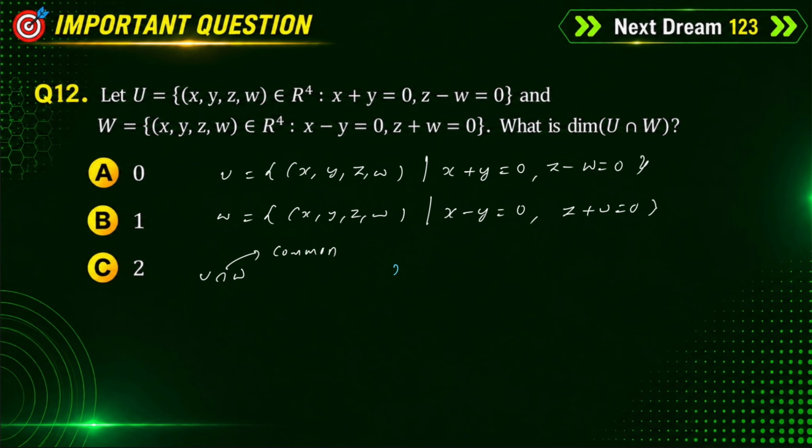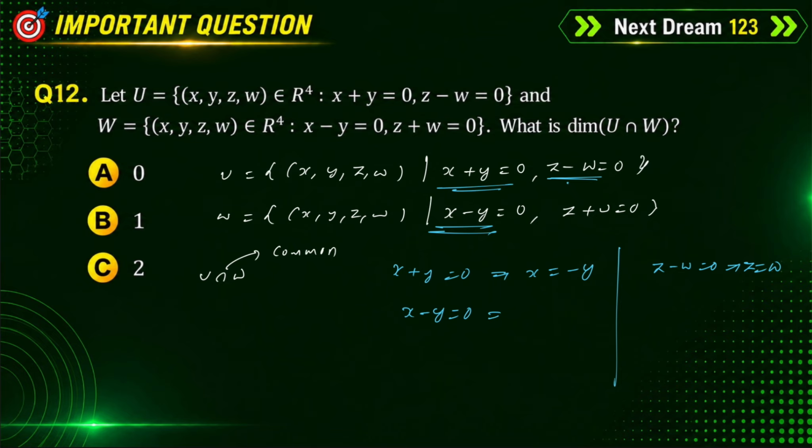What are the conditions given? x plus y is equal to 0. From this I will write x equal to minus y. From z minus w equal to 0, I get z is equal to w. Similarly from here, x minus y is equal to 0, that implies x equal to y.